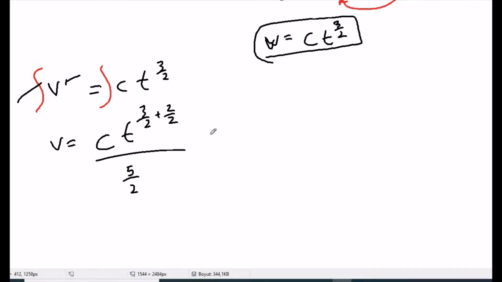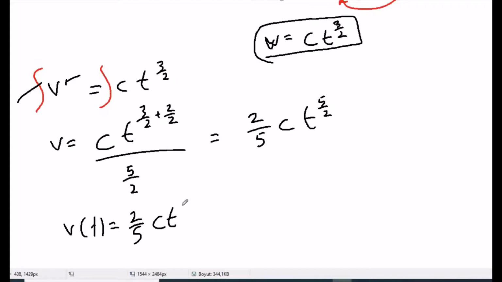Dividing by 5/2 is multiplying by 2/5, and this is going to be t to the 5/2. This is our v of t, and we have plus k here.